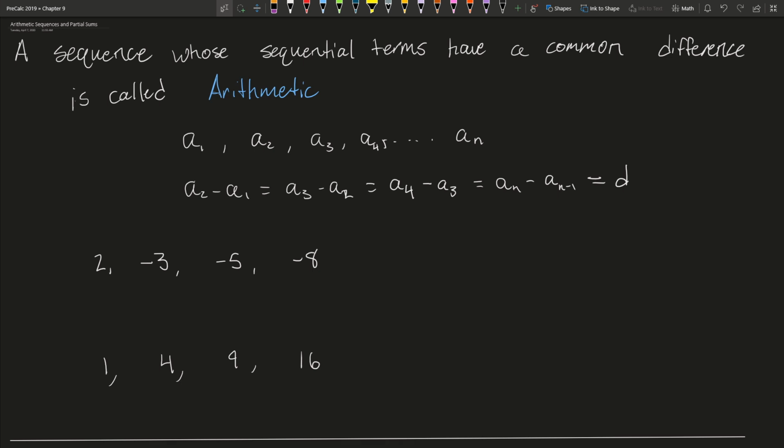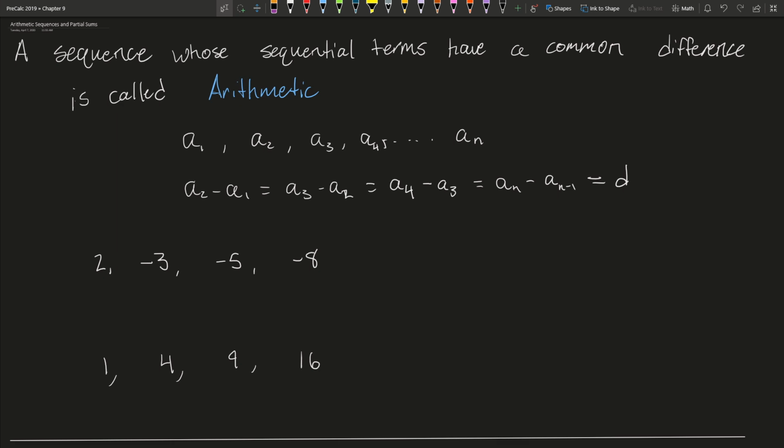Okay, so what we're doing today then has to do with arithmetic sequences. And if you remember, I think I mentioned this in the last lecture. An arithmetic sequence is a sequence that just adds the same number over and over again. So the formal definition, a sequence whose sequential terms, so each term, have a common difference is called arithmetic.